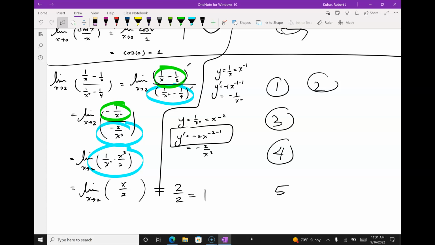What's negative? No, the slope of y equals 1/2 is 0. The derivative of a constant is 0. It doesn't matter plus or minus a constant, the derivative of a constant is 0.